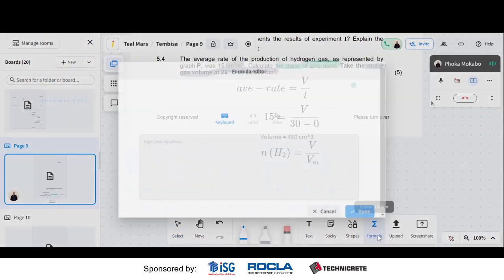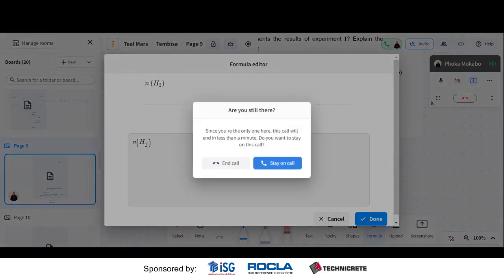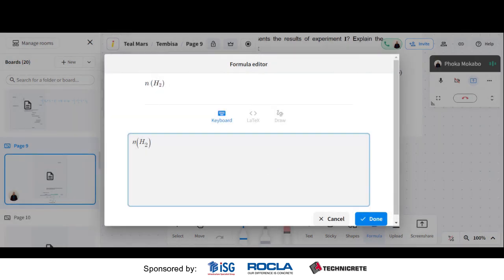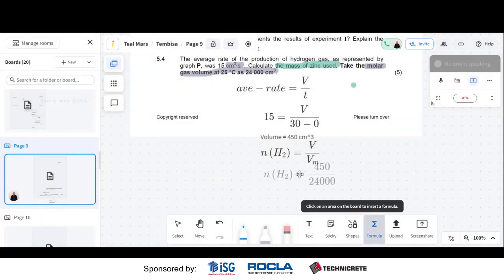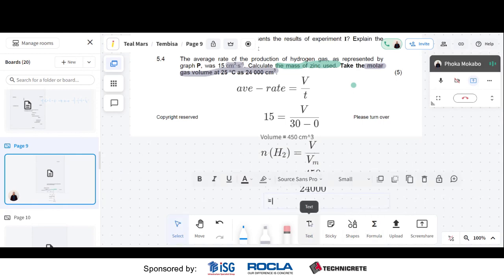And if you substitute what you found so far, the number of moles of hydrogen gas produced is equal to, and we found our volume to be 450, we were given the gas constant as 24,000, and through that you then find that it is equal to, if you plug this into a calculator, 0.0188 moles.